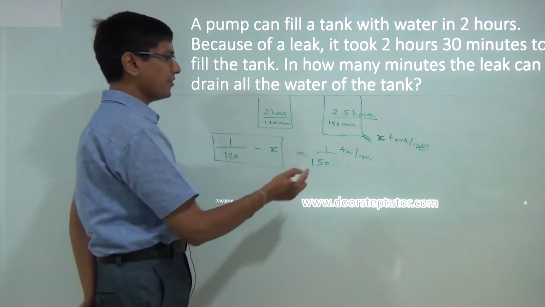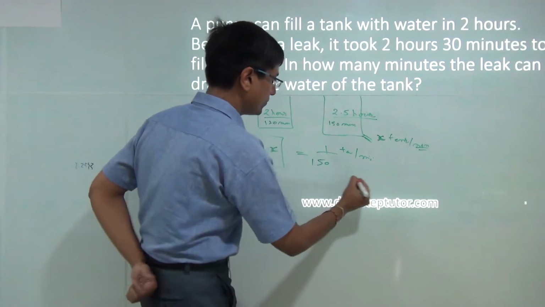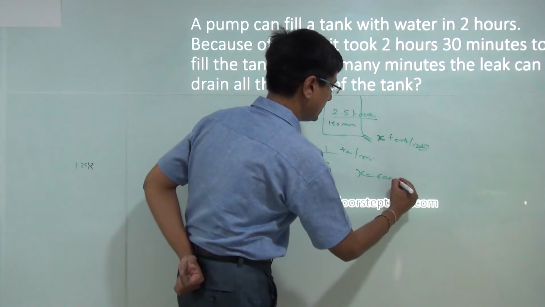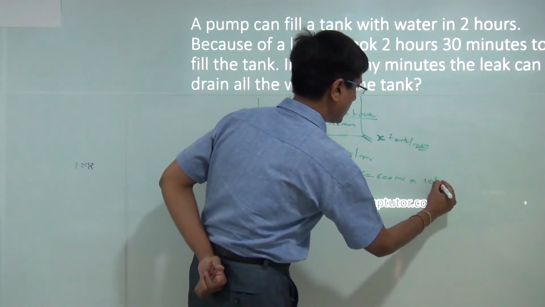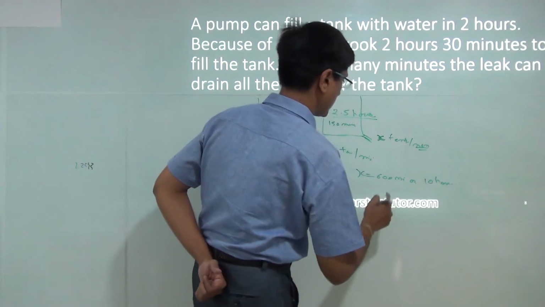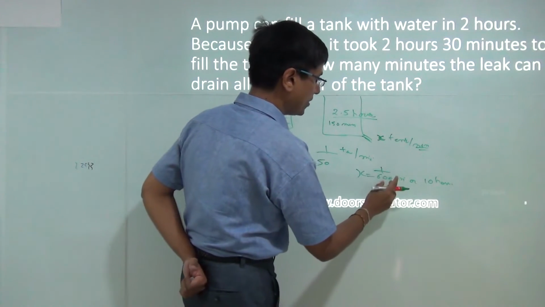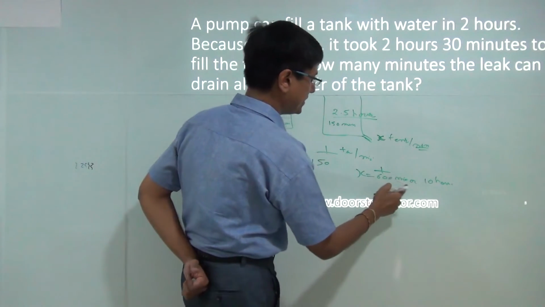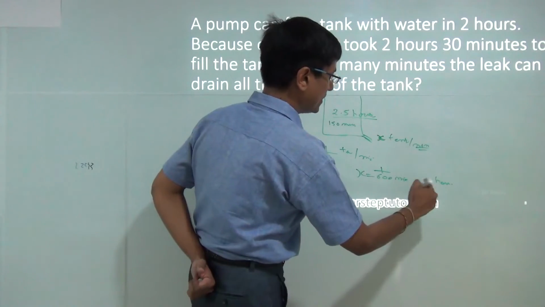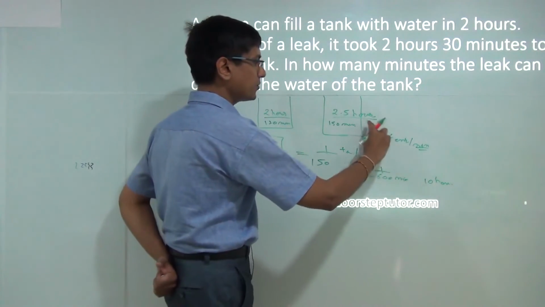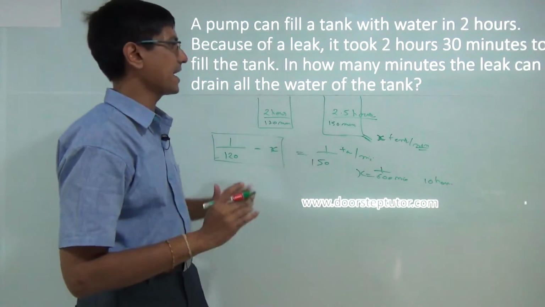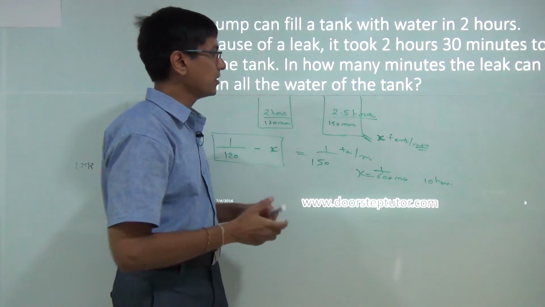Now I have an equation in x, and if you solve this, you will get x as 1 by 600 tank per minute, that is the rate. So it will take 600 minutes or 10 hours for the leak to fully empty the tank. This would be the answer.